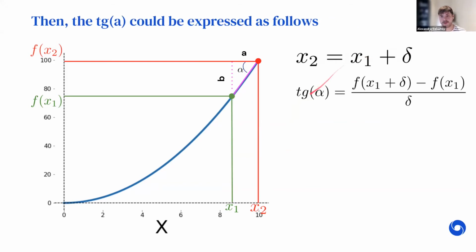If we rewrite the definition of this tangent, you remember it was f of x2 minus f of x1, divided by x2 minus x1. I replaced x2 by x1 plus delta, also in the denominator, x1 plus delta minus x1. So we just obtained that. I mean, we didn't really do anything here. We just rewrote the same thing which we had before.